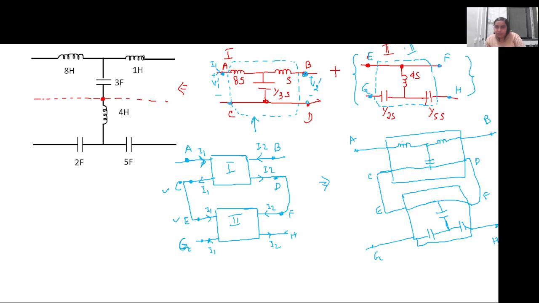This is 8S, this is S, this is 1 by 3S, and this is 4S. Sorry, this is an inductor.